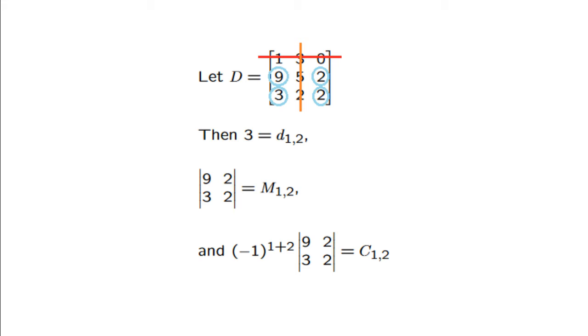We make that our submatrix with the entries 9, 2, 3, 2, and we will find the determinant of that. We also have this adjustment factor of -1 to the i plus j power. So 1 plus 2 is 3, and -1 to the third power gives us back -1. So our cofactor is going to have a -1 times whatever the determinant value turns out to be.